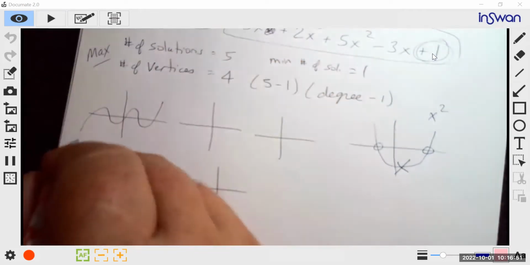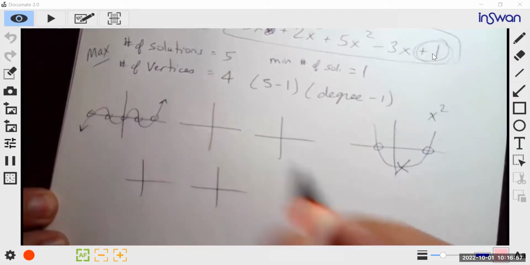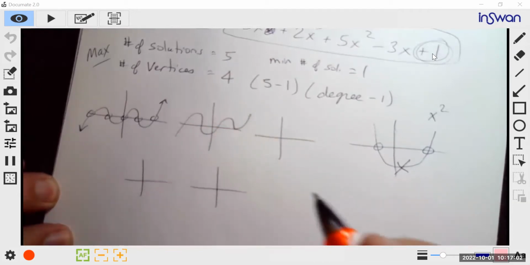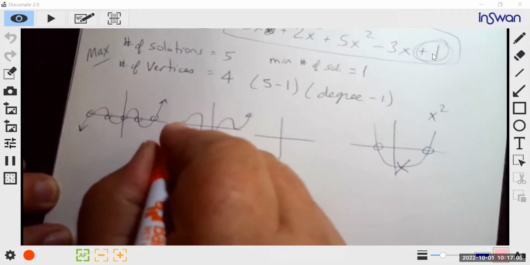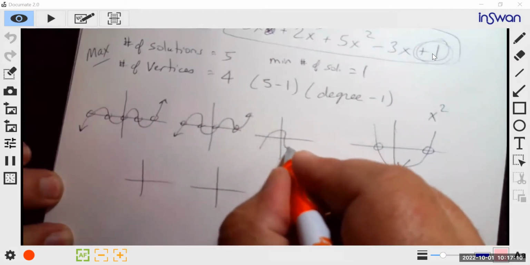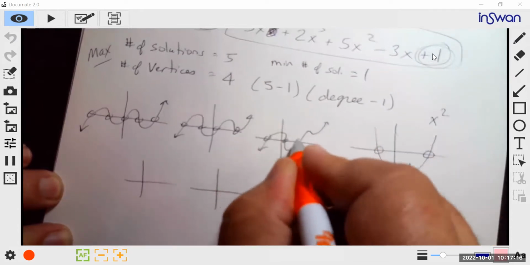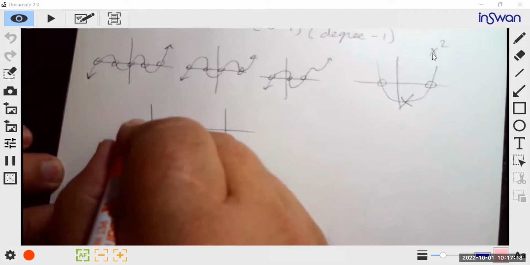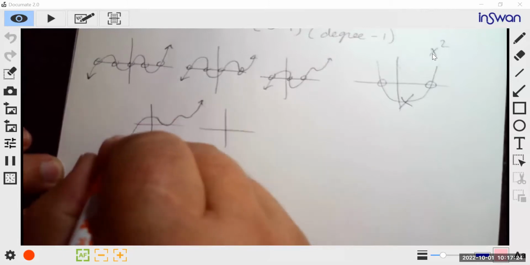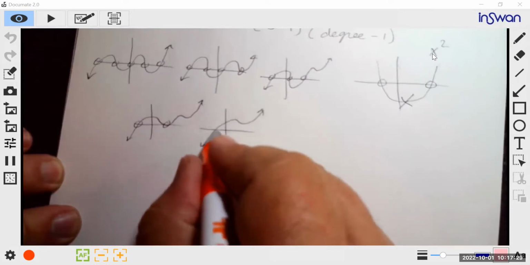Since it's odd, we know both ends point in different directions. 1, 2, 3, 4, 5. One, two, three, 4. One, two, 3. One, 2. 1.